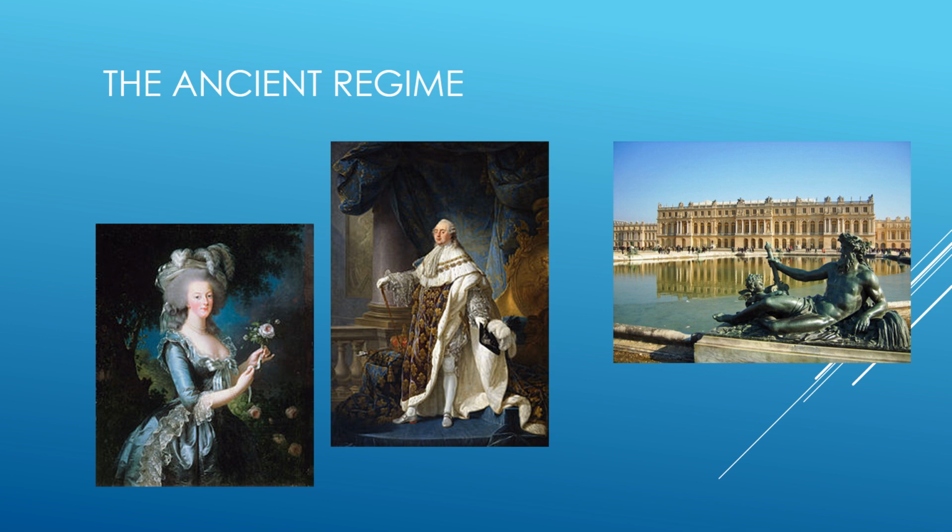So by the time we get to the 1780s, the French monarchy, or the ancien regime as it's called, is firmly established. The French king has a tremendous amount of wealth and power, and if you look over at the picture on the right, lived in the extravagant palace at Versailles, about 10 to 12 miles outside of Paris, one of the most extravagant palaces in all of Europe. So the tremendous amount of wealth that the ancien regime or the kings had was pretty incredible when we compare how they lived to the rest of French society, how the peasants lived. So it was not a very even society.